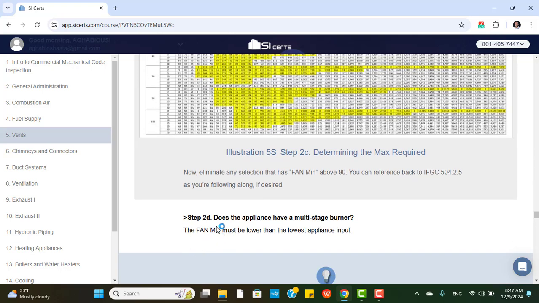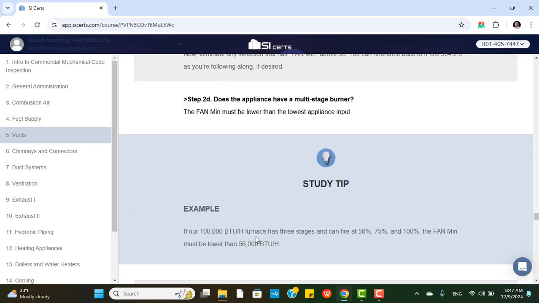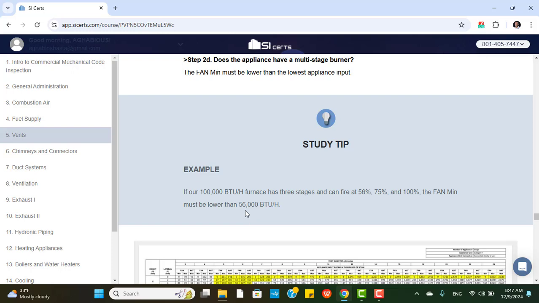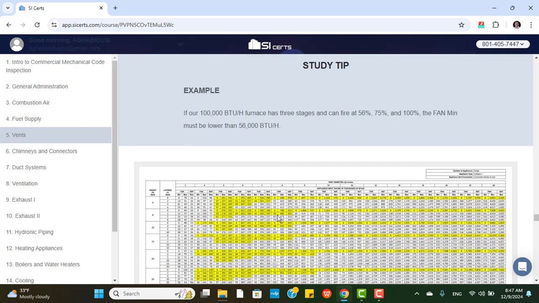Step 2D, does the appliance have a multi-stage burner? The fan minimum must be lower than the lowest appliance output. Study tip example: if our 100,000 BTU per hour furnace has 3 stages and can fire at 56%, 75%, and 100%, the fan minimum must be lower than 56,000 BTU per hour.